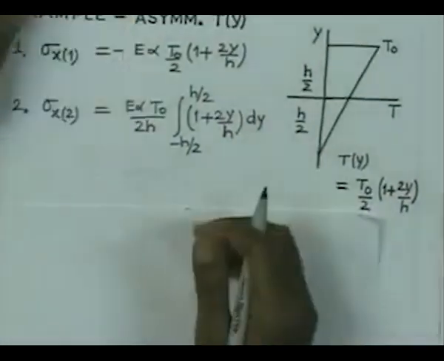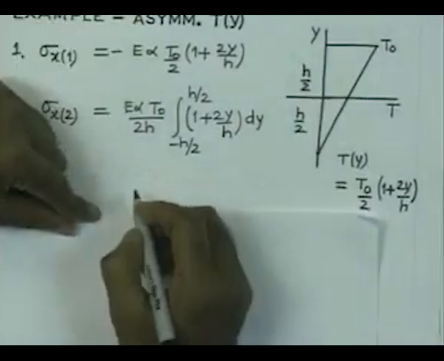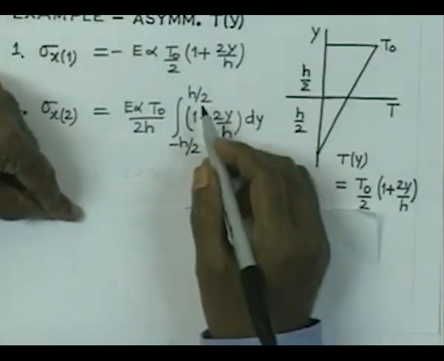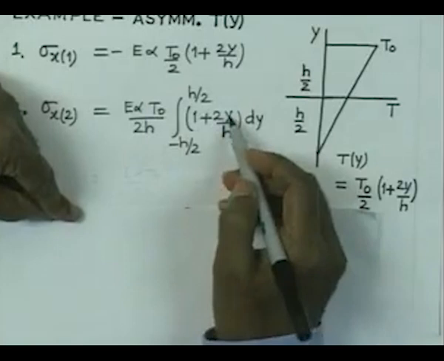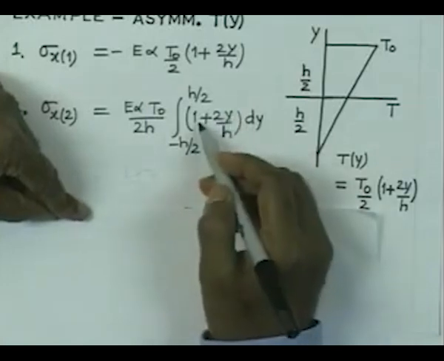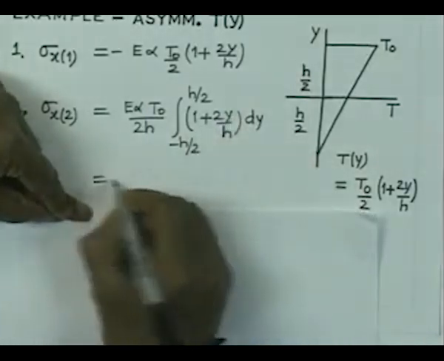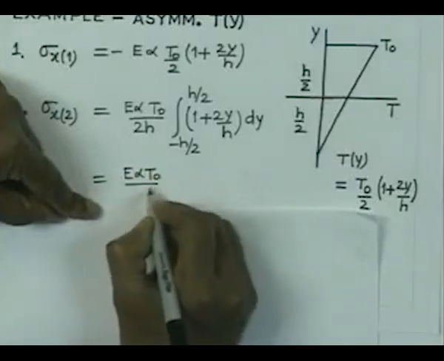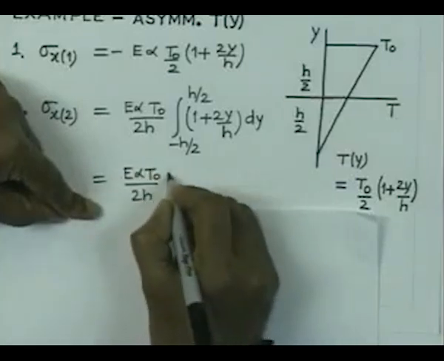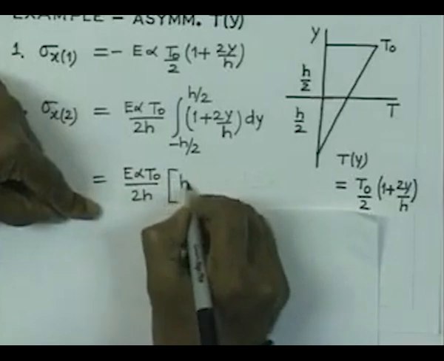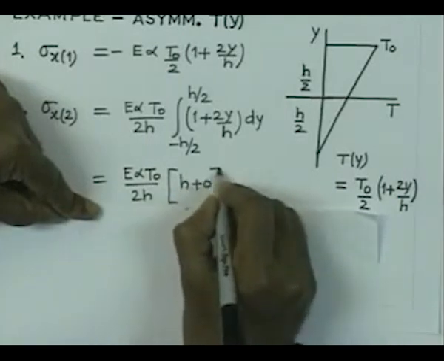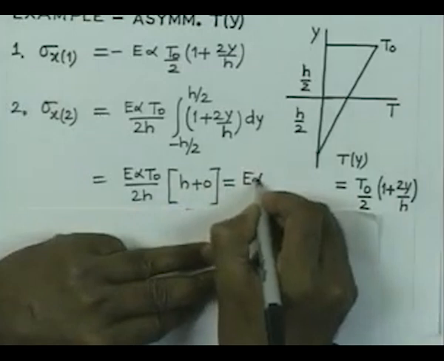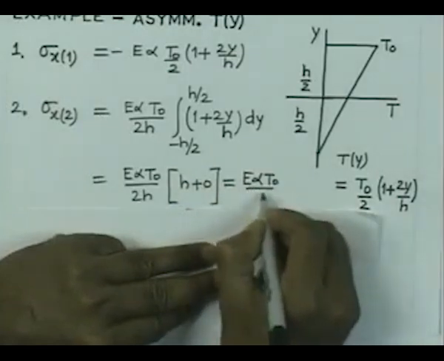So, this one, if we do the integration, since it is symmetric, this will not contribute, only this will contribute, it will give us h, and therefore, it is equal to E alpha T0 by 2h into h plus 0, and that is equal to E alpha T0 by 2.